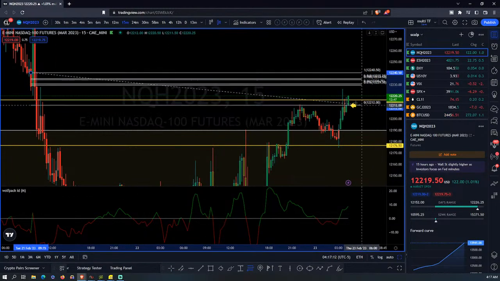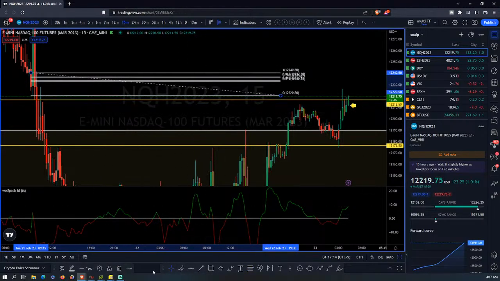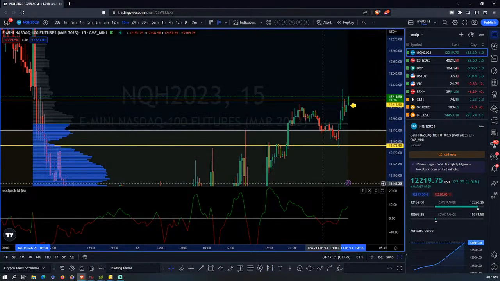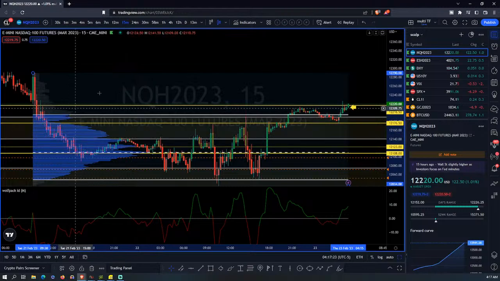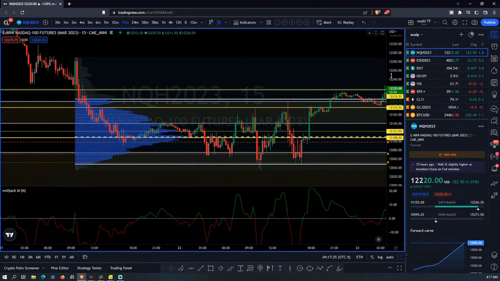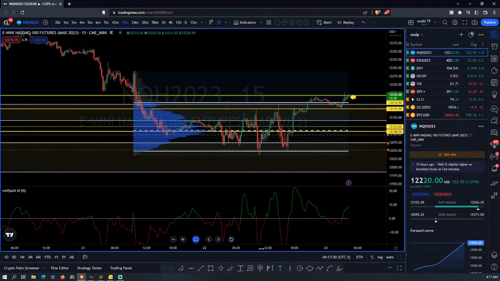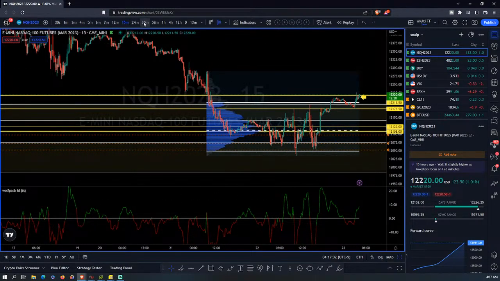Let's do this one right here. Sorry about that. Volume profile, let's just drag it right here. Where did I drag it from? It should be from Sunday. Not quite.